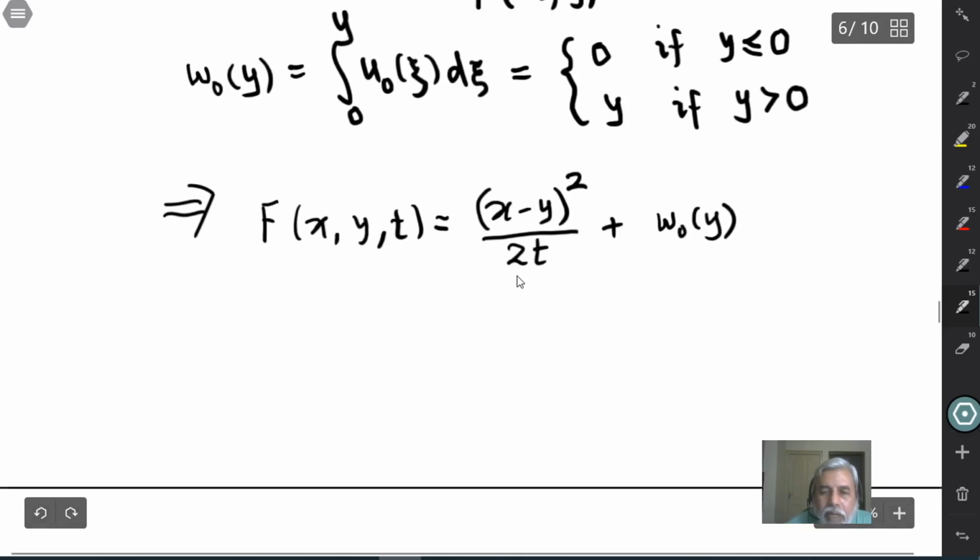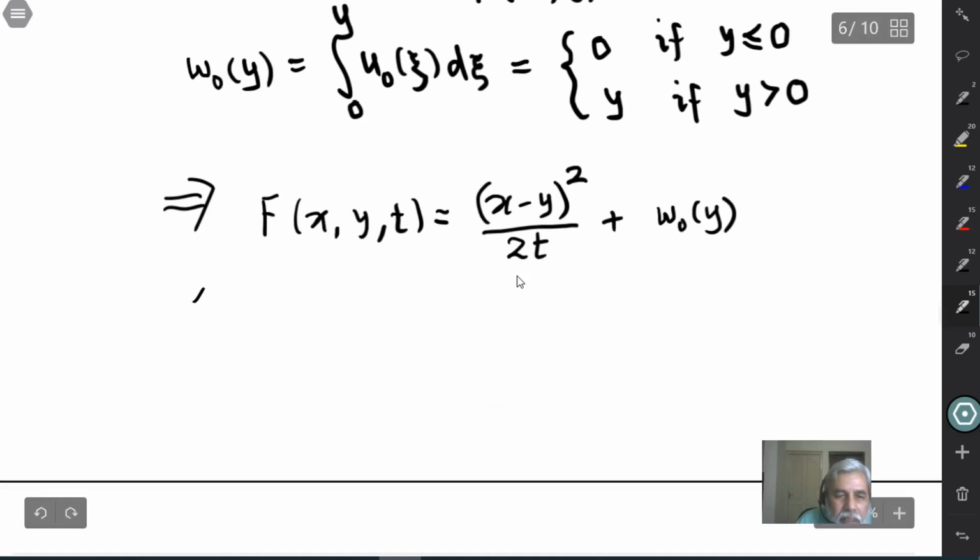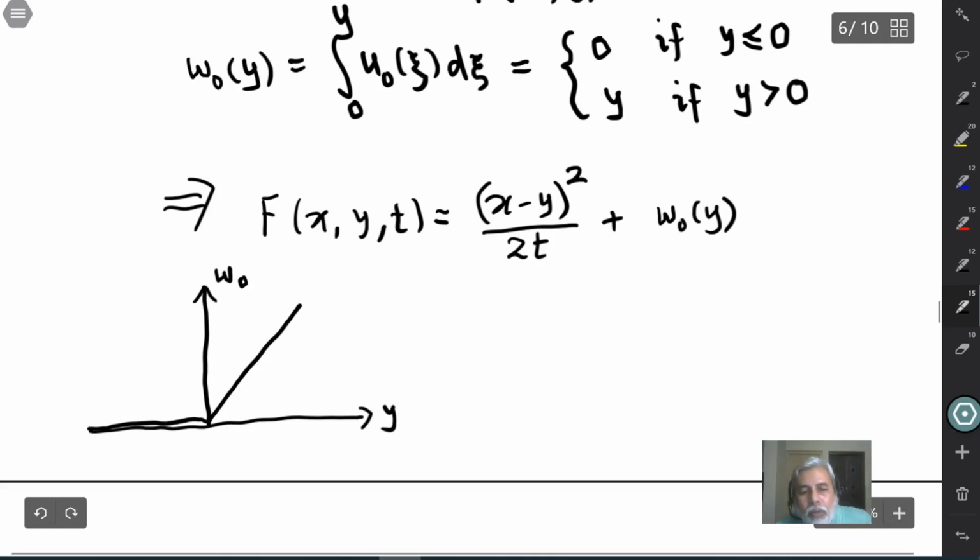Just take a look at w0 for illustration. So this is y, this is w0, so it is 0 here, and then 1. At y equal to 0, it is not differentiable.